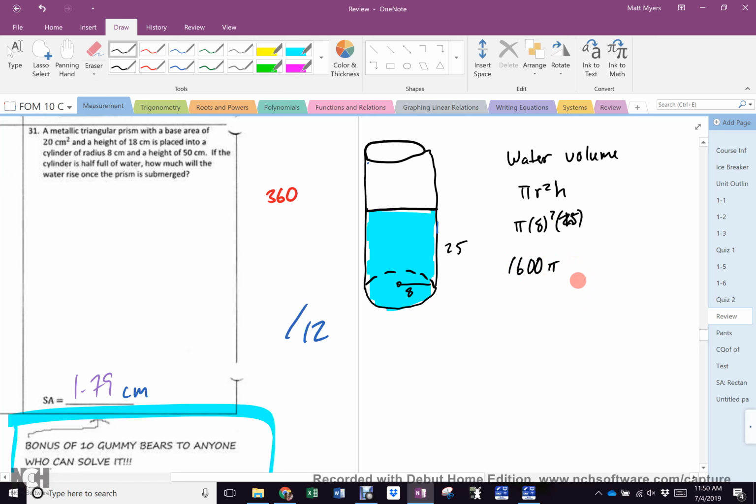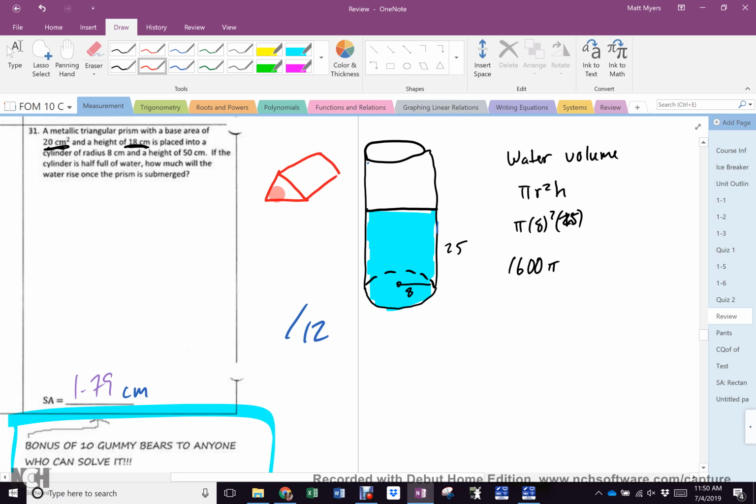Yes? Now, when I drop in the prism, it has a base area of 18 and a height of 20. So the prism, which I'm going to draw in red, there it is, has a base area of 18 and a height of 20.